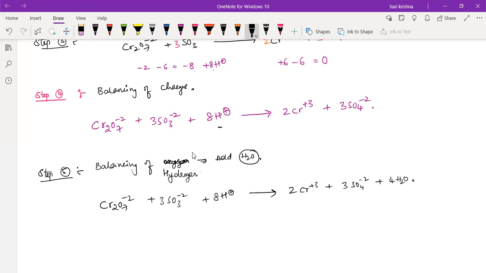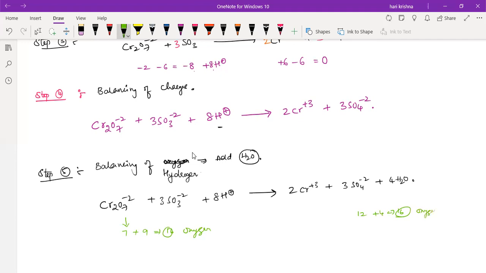Here total 7 oxygen atoms are there. Yes, sir, they are balanced. Here total how many are there? 9 are there. So total 16. Here 12 are there. Here 4 are there. Total 16. So oxygen is also balanced.